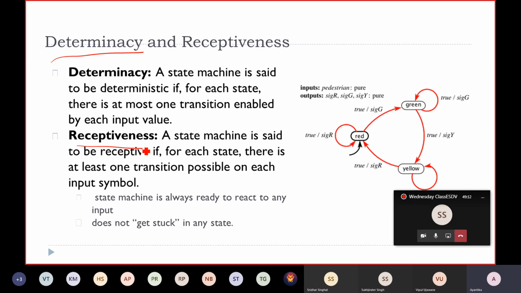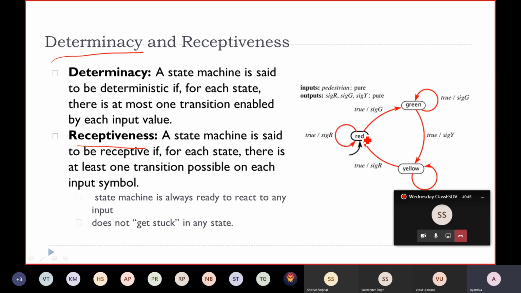For that reason, I have to design my transition condition properly. Let's take this example again. If your specification was not properly developed, you know that you have 3 states, red, green, yellow, and there will be some transitions, maybe from red to green, green to yellow, and so on.